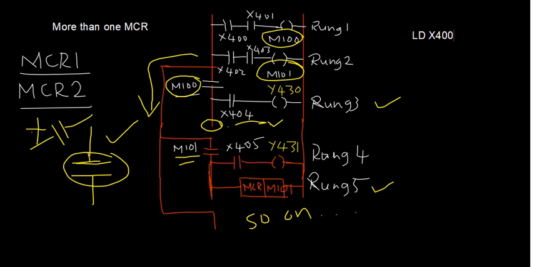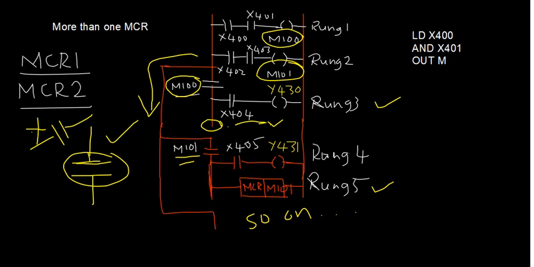Then the third instruction is OUT M100. As you can see, there is no ambiguity here, right. This is very simple: X400 and X401, then OUT M100.